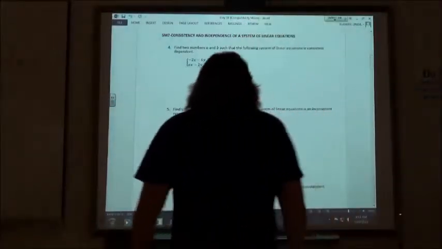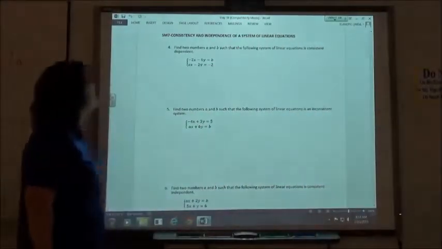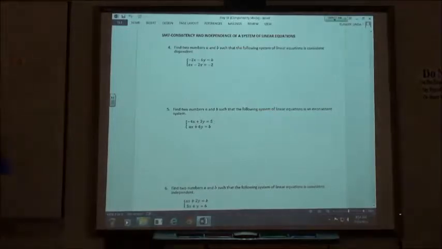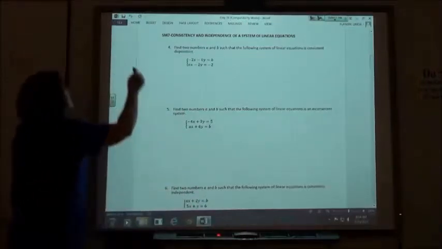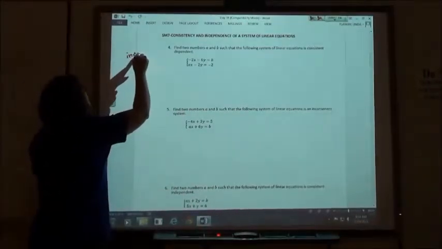Now the next ones just add a little bit more to what we just got done doing. Instead of always wanting an inconsistent one, they might ask you if it's consistent dependent, consistent independent, or inconsistent. So we already did inconsistent.